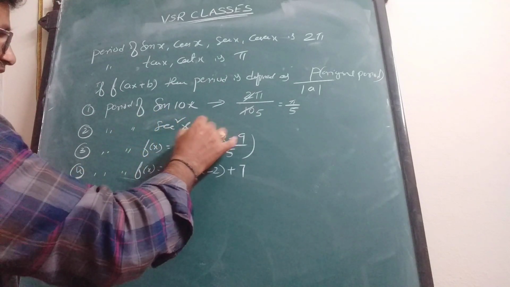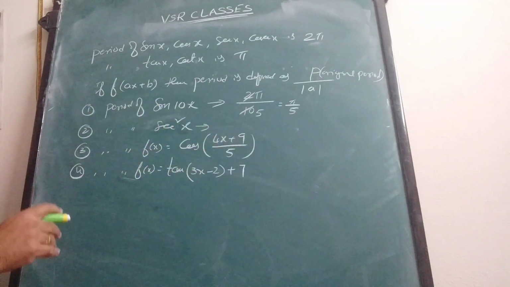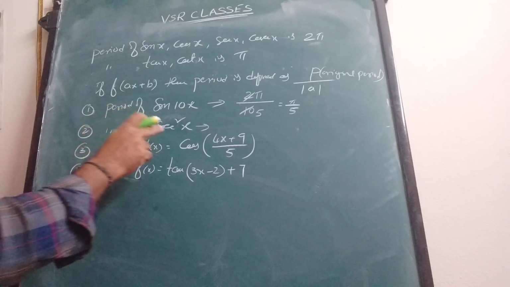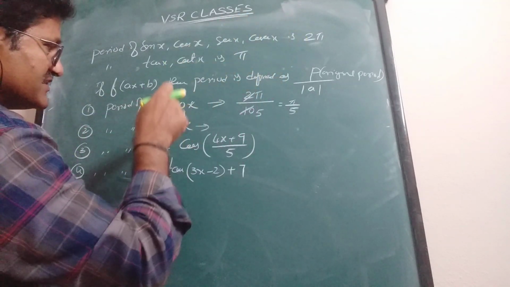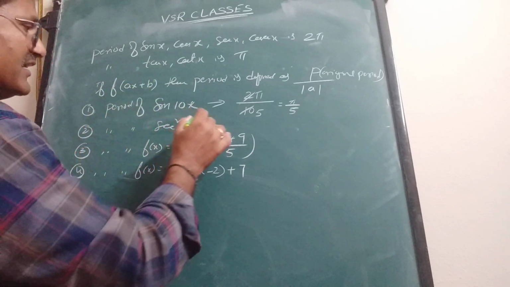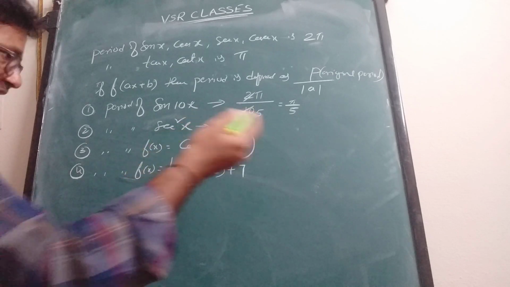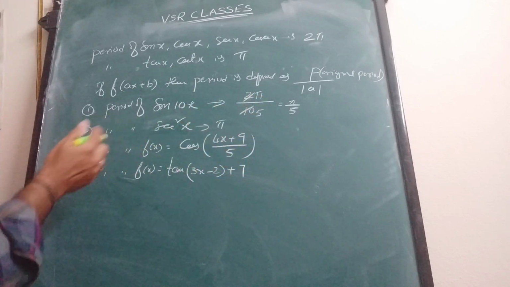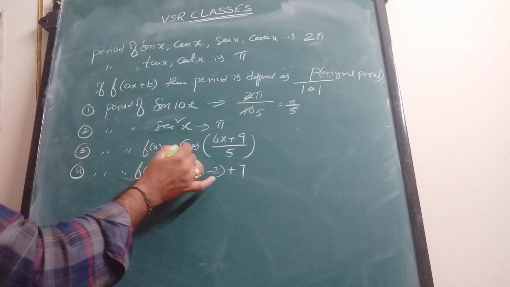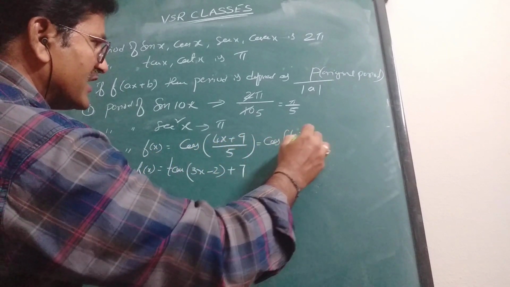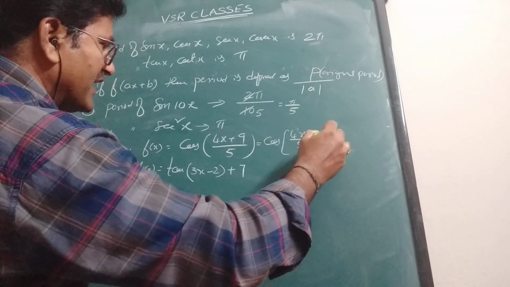Now the next one. A square is there. Whenever there are even powers like squares, the period will be decreased to pi. I will explain why after this. So I have to make this function like this: 4x by 5 plus 9 by 5.